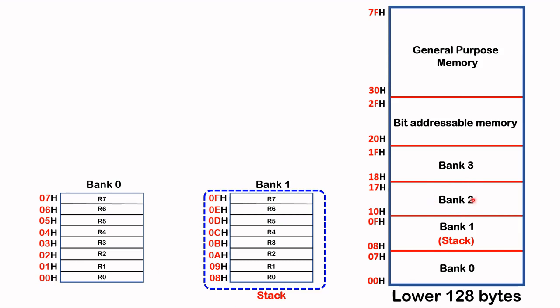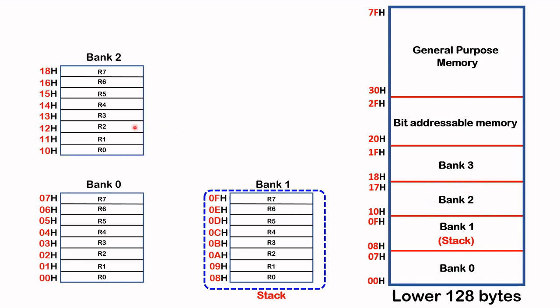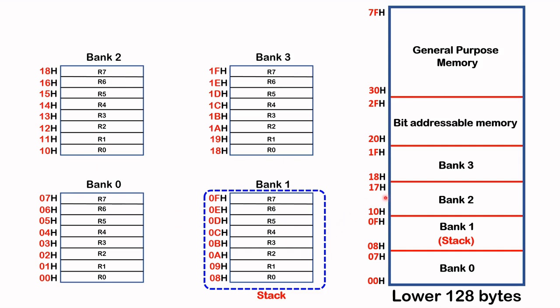Similarly for bank 2, you have another 8 registers, but the addresses are different from the rest. And finally bank 3, again you have 8 registers, R0 to R7. Again, the addresses are all different from the other 3 banks.